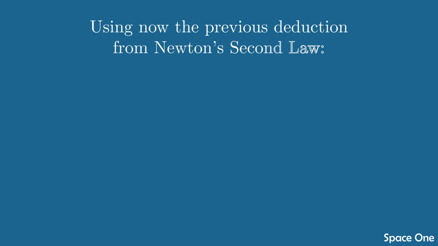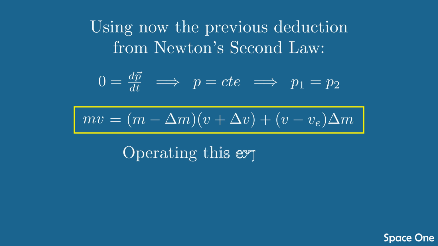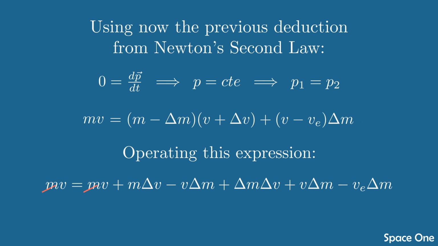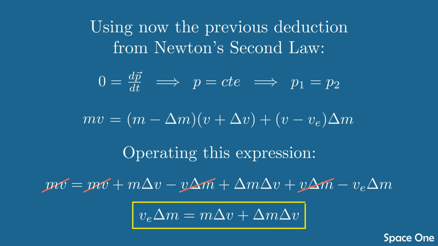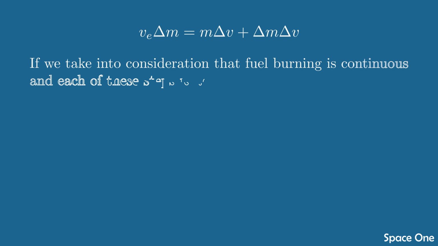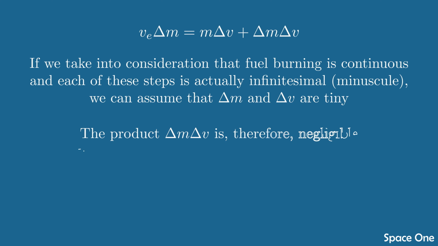Using now the previous deduction from Newton's second law, operating this expression, if we take into consideration that fuel burning is continuous and each of these steps is actually infinitesimal, minuscule, we can assume that the mass decrease and the speed increase are tiny.